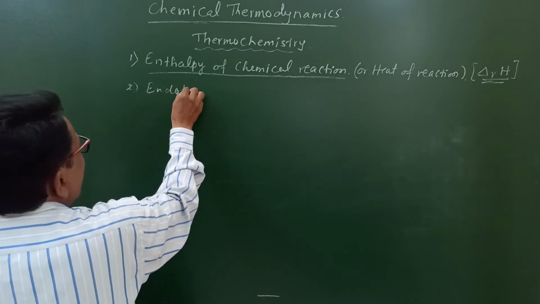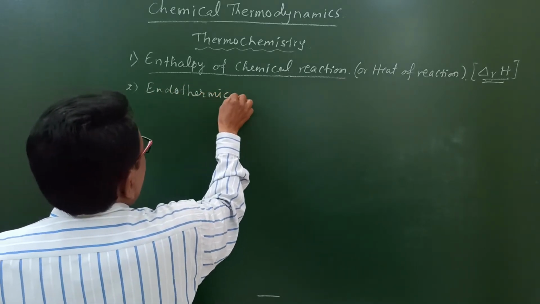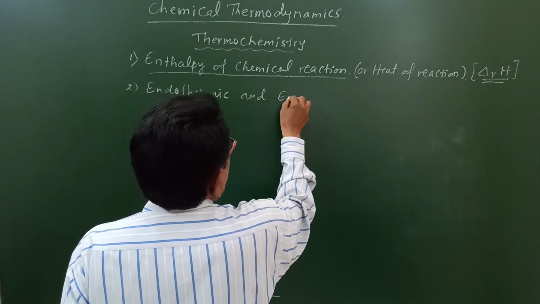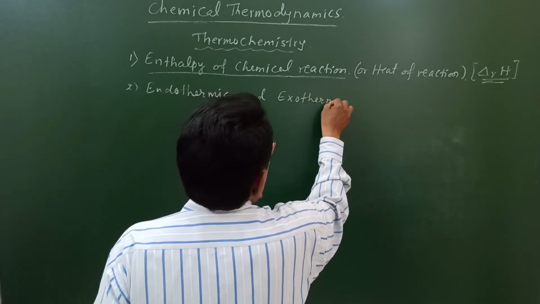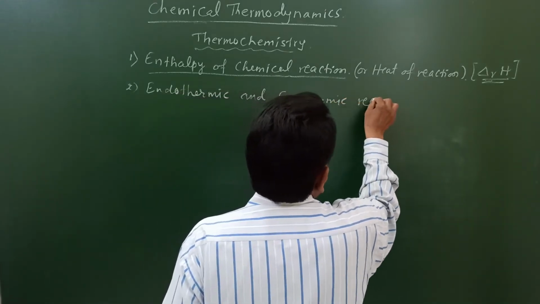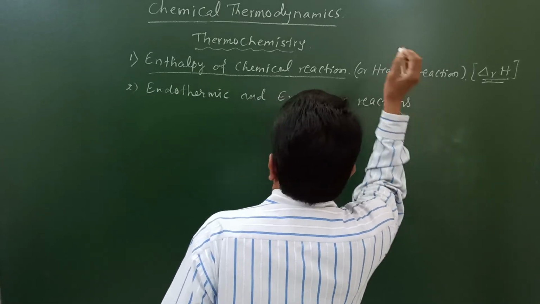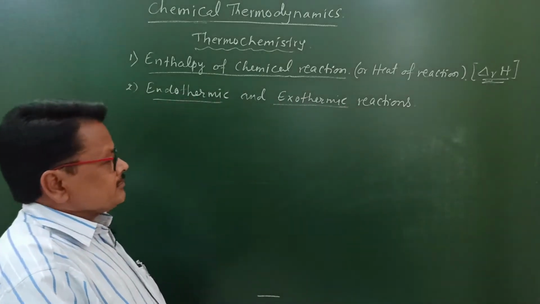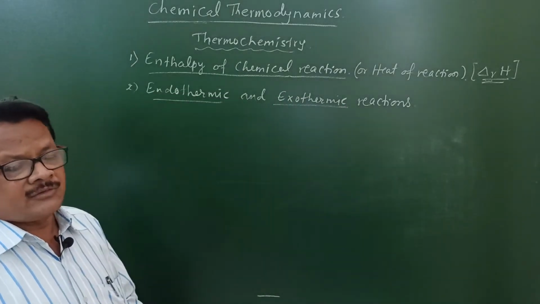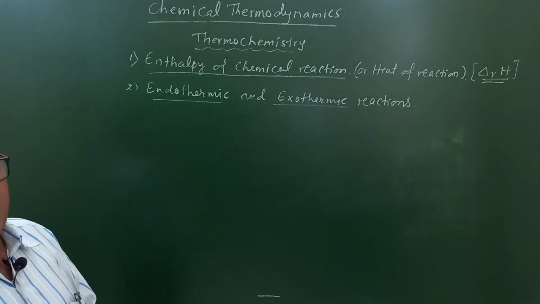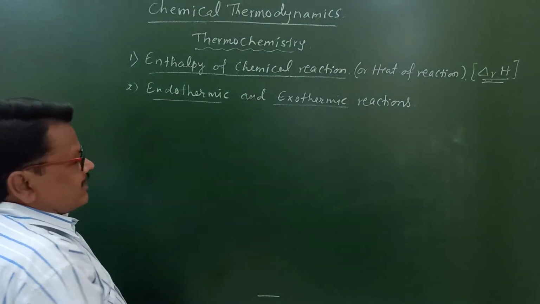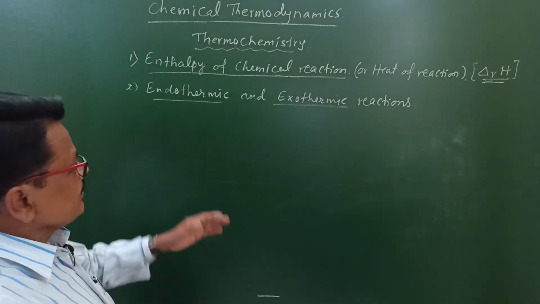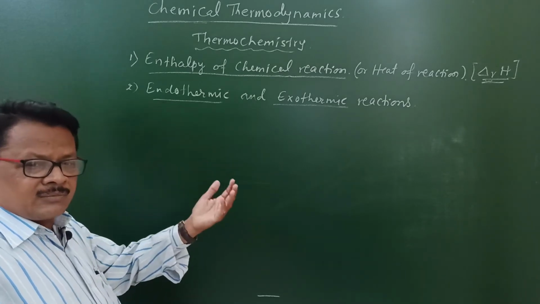First we will see the meaning of endothermic reactions, and next we will see exothermic reactions. In endothermic reaction, endo and therm are the two words. Endo means to take in, therm means heat or energy.